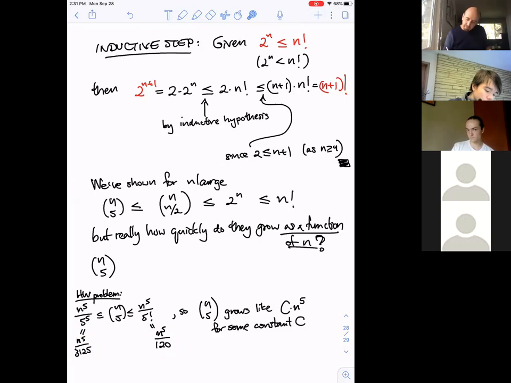And so in computer science, the way they would say that is, oh yes, it's omega of n to the 5th, which means there's some constant that you can put in front that it's greater than or equal to that constant times n to the 5th. And it's also less than or equal to some other constant times n to the 5th. That's what we've shown by showing those inequalities here. In fact, it grows more like this one. So in fact, the upper bound is more correct.